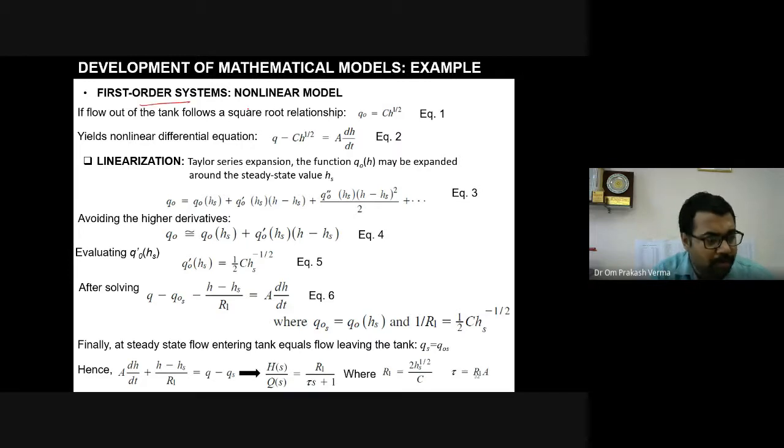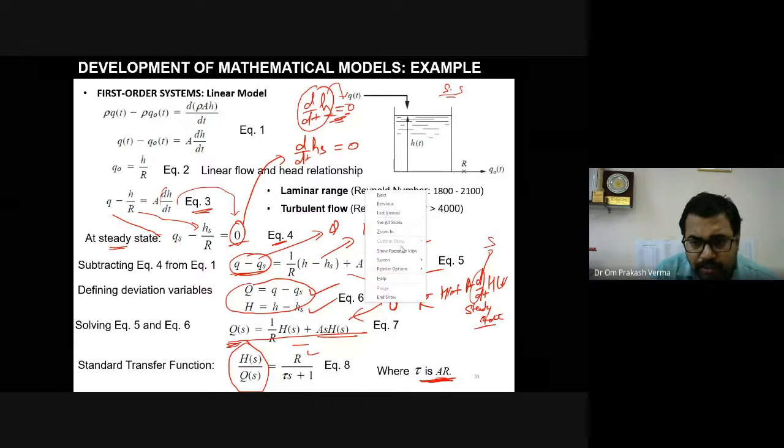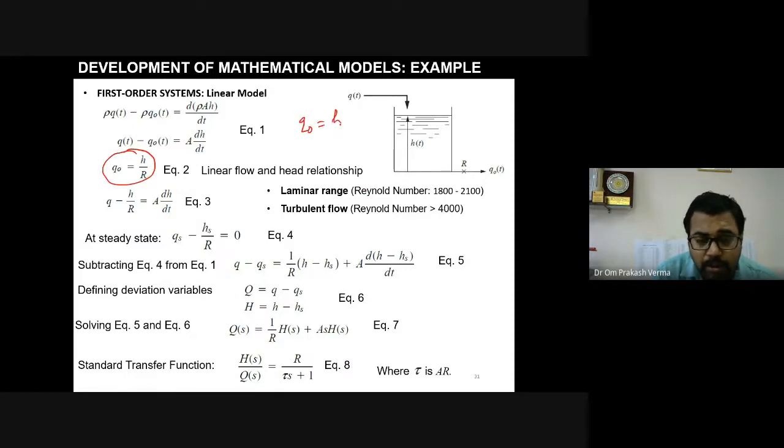What happens when the valve is nonlinear? Here in the first case, we have simply defined the valve characteristic as Q naught is equal to H by R. It represents the linear characteristic.